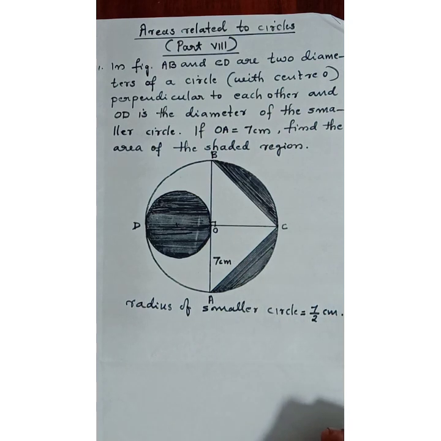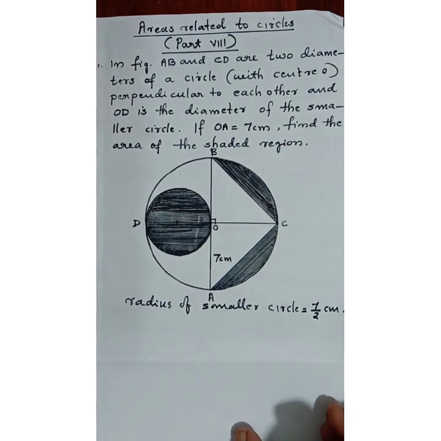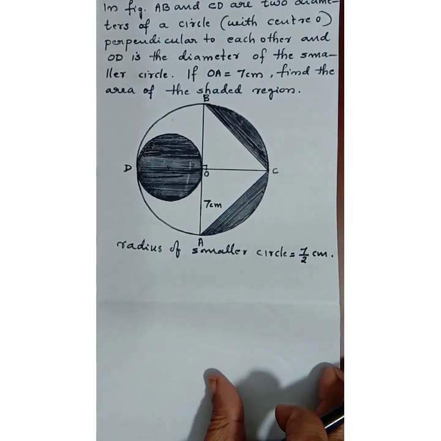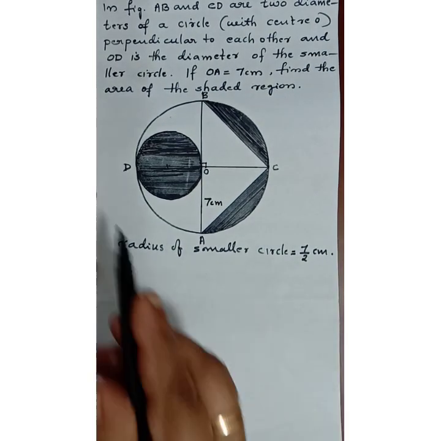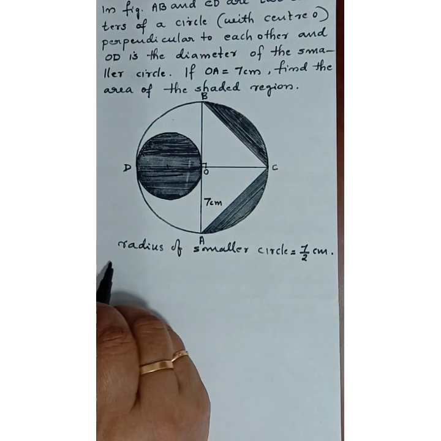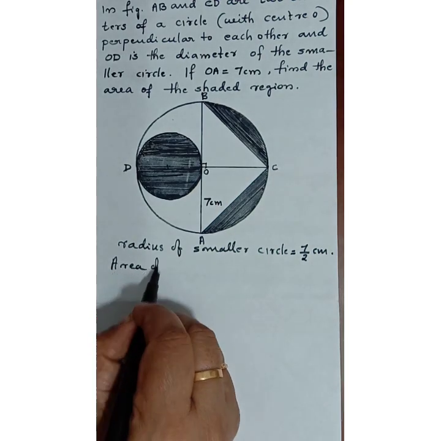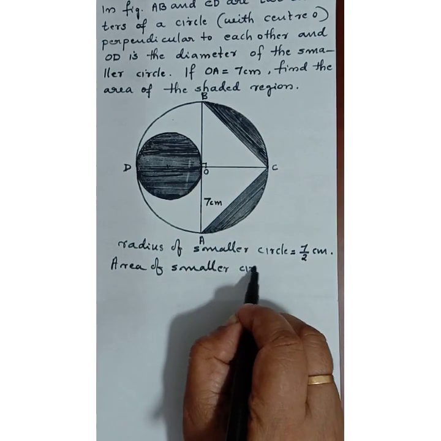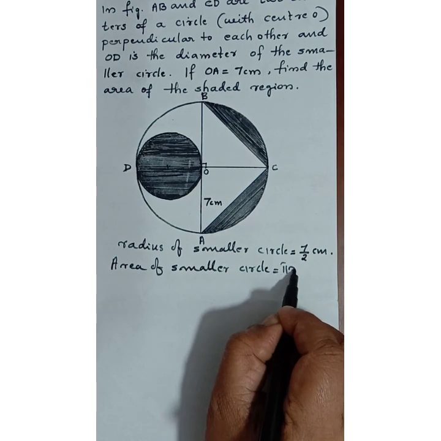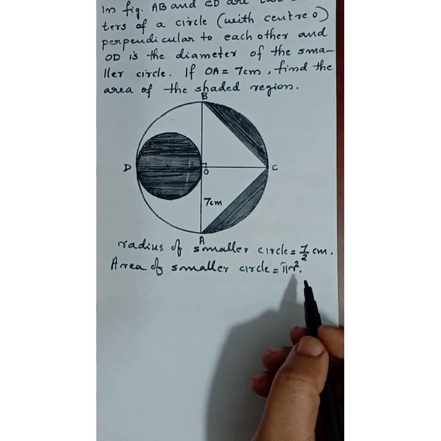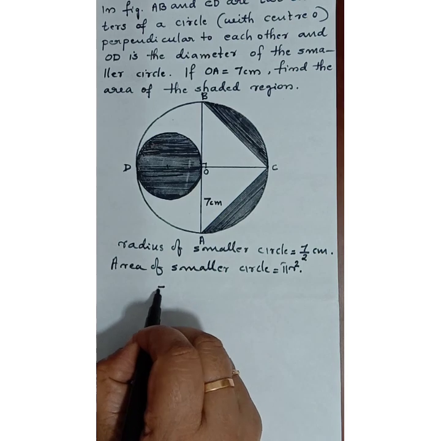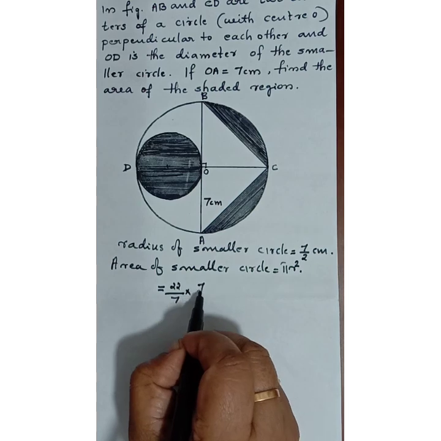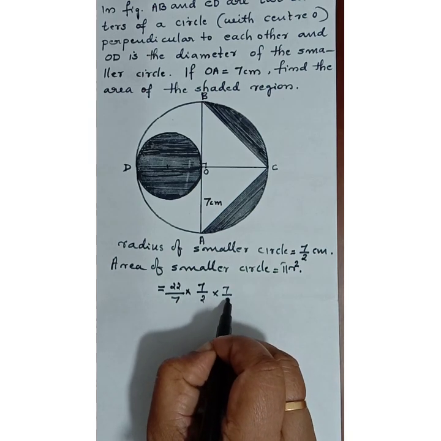So let us start with the smaller circle's area. Let us find out the area of the smaller circle using the formula. Area of smaller circle equal to pi r square. Let us take the value of pi as 22 by 7 into r square, which is 7 by 2 into 7 by 2.